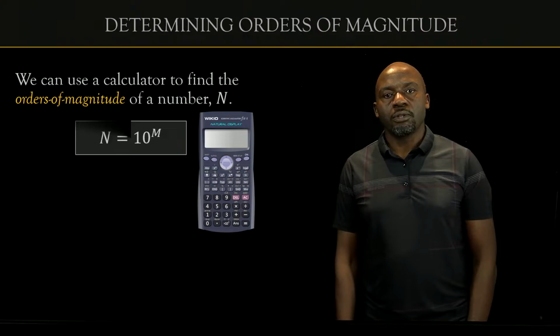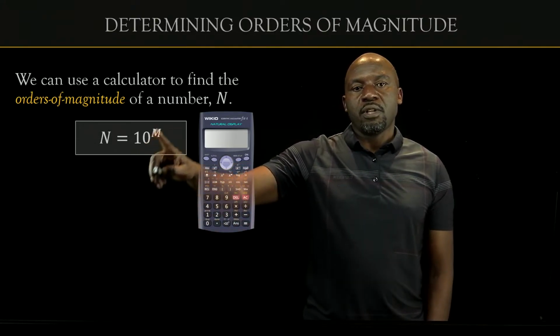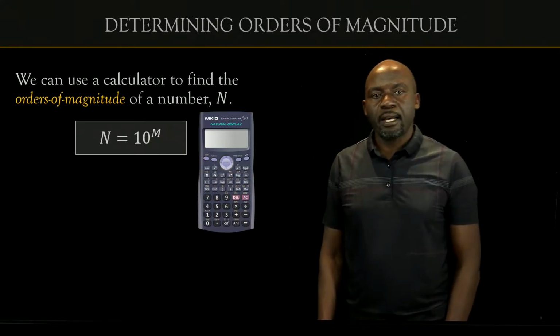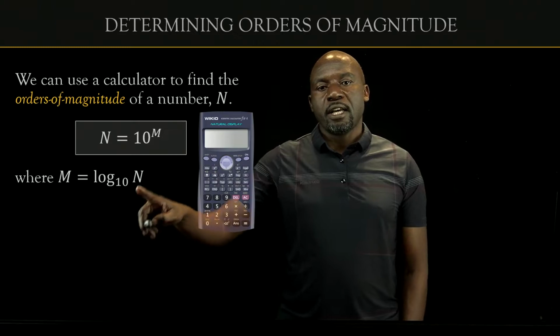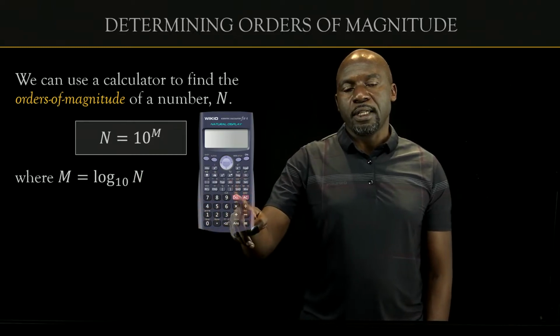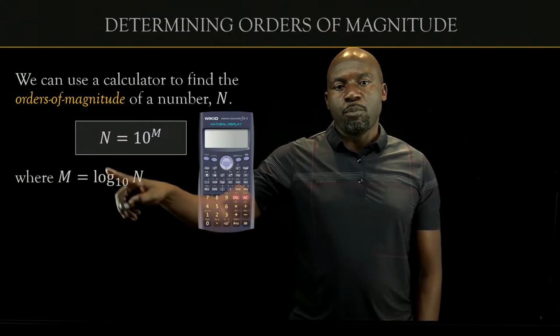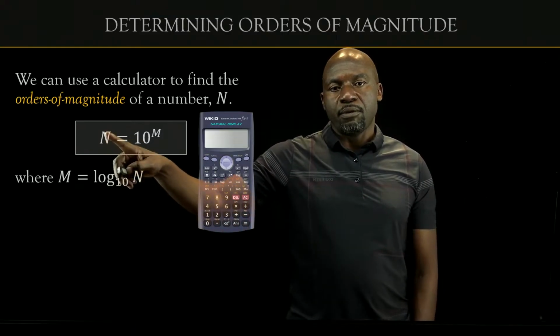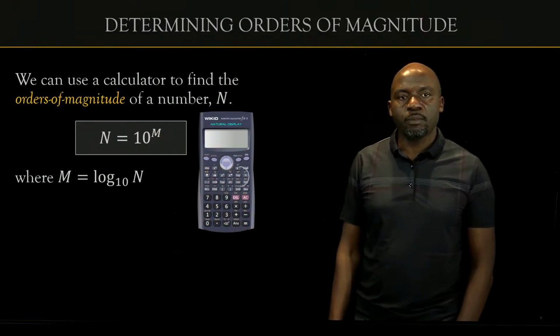Okay, to do so, any number n can be expressed as 10 to the power of m. How do we find m? Okay, m is the log to base 10 of n. So we will go to a calculator and press log to base 10, and then we will put our number, and if we put that number, we will get what m is.